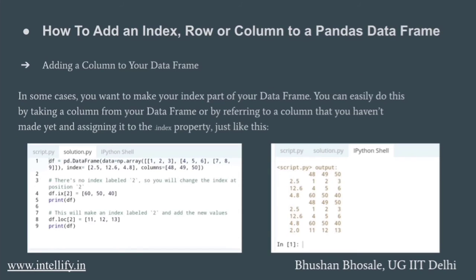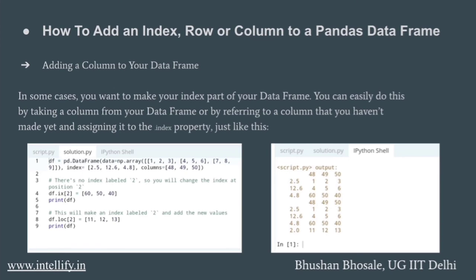Alright, now let us see adding a column to your data frame. In some cases, you want to make your index part of your data frame. You can easily do this by taking a column from your data frame, or by referring to a column that you haven't made yet, and assigning it to the index property. In other words, you can tell your data frame that it should take a column A as its index.